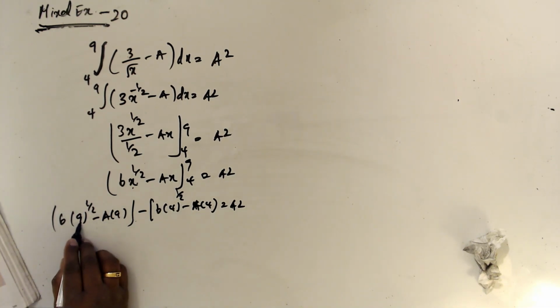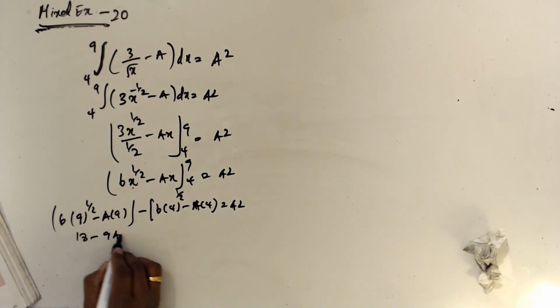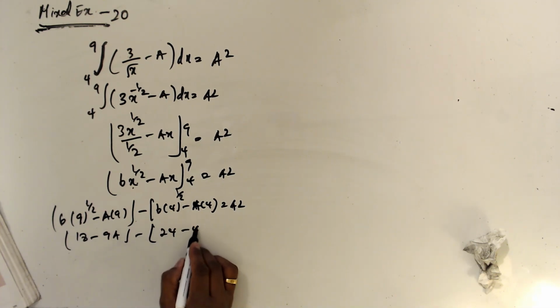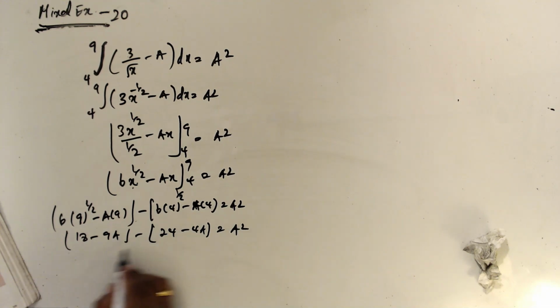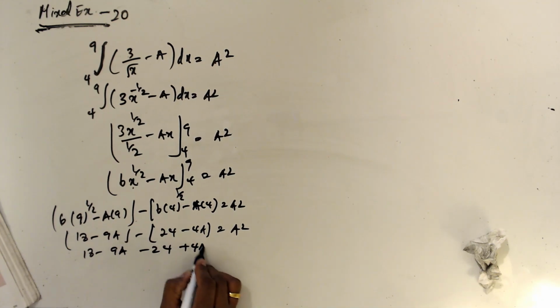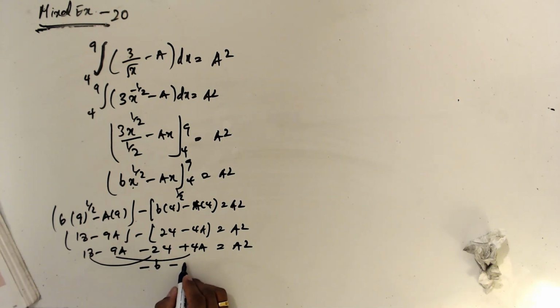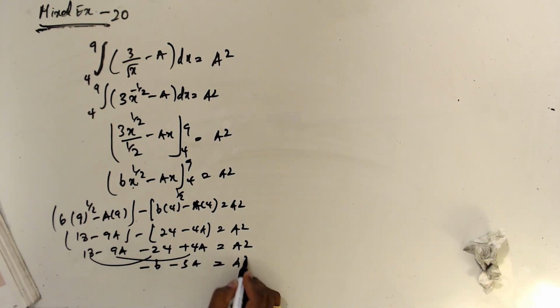So the square root of 9 is 3. 3 times 6 is 18, minus 9a, minus 24 minus 4a, equals a square. 4 to the power half is 2, 6 times 2 is 12. So 18 minus 12 plus 6, minus 9a plus 4a, minus 5a, equals a square.